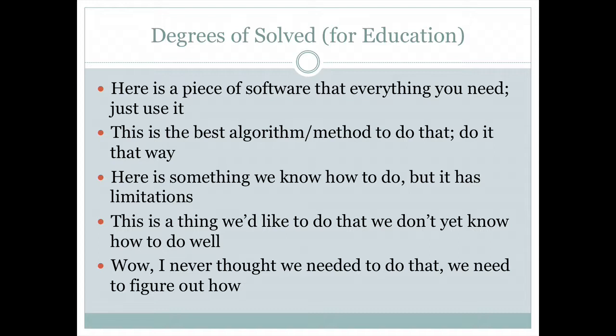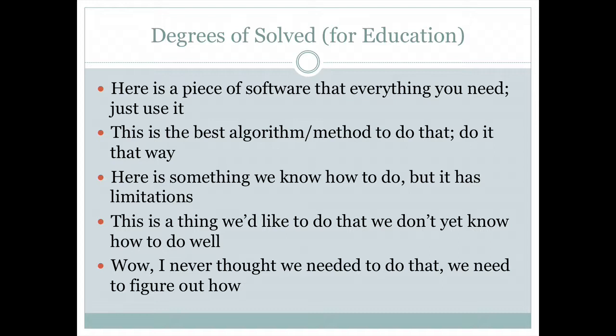There aren't an awful lot of things probably in that category, and those things that are in that category we've become bored with. The next is: here's the best algorithm method to do that, but you have to go program it yourself, or download it and make it work. But we know how to do it, you just have to implement it. That's a larger set.